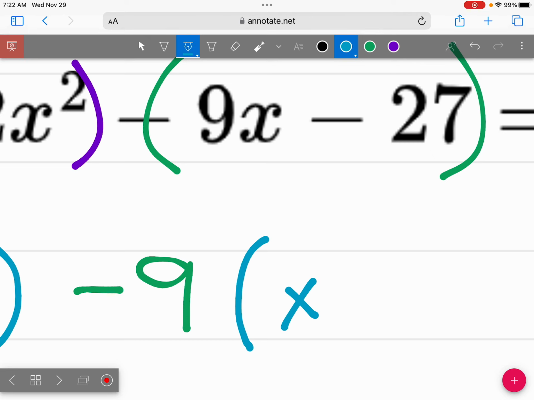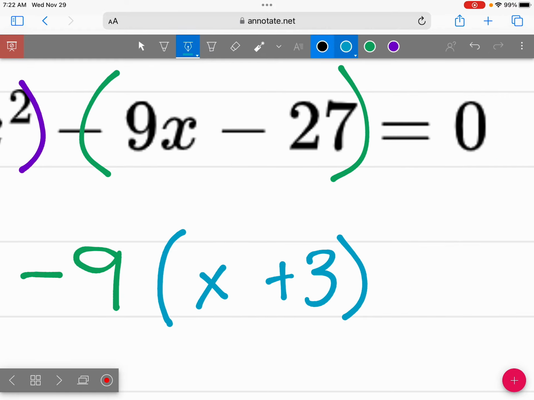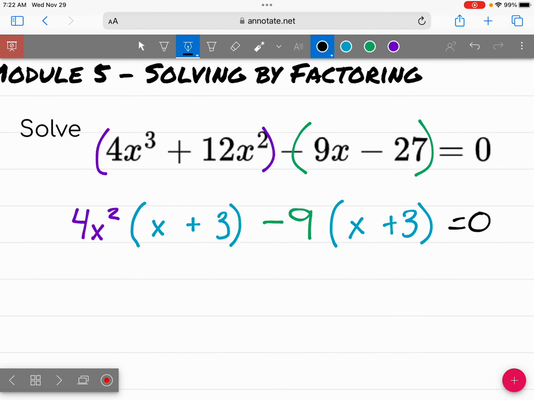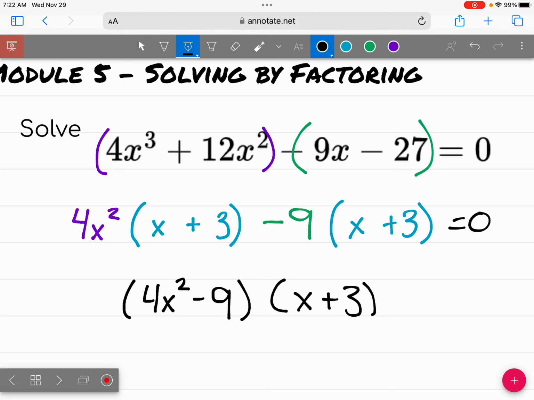And negative 27 divided by negative 9 is a positive 3. So then we're going to write this into our factored form. We have 4x squared minus 9 and x plus 3.